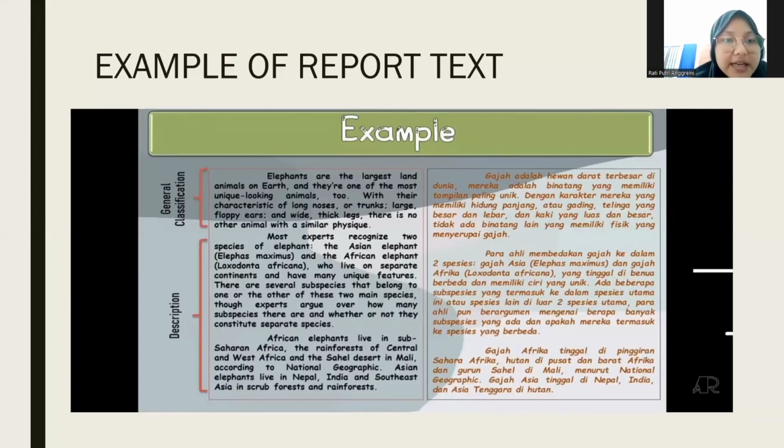African elephants live in sub-Saharan Africa, the rainforests of Central and West Africa, and the Sahel Desert in Mali. According to National Geographic, Asian elephants live in Nepal, India, and Southeast Asia, in forests and rainforests. These two paragraphs are about descriptions. That's all from me, moderator.